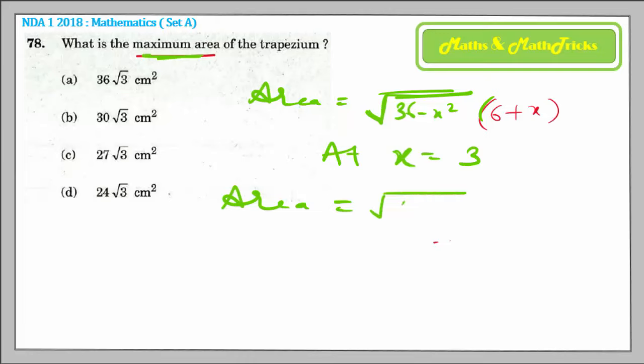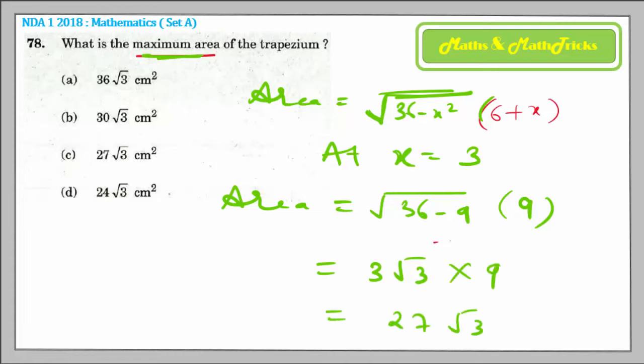So this is basically 36 minus 9 into 9. So 36 minus 9 is going to be, yes, 27. 27 means 3 root 3 into 9. So we are getting here 27 root 3 square centimeters. Alright, so for 78th question, hence the right answer is option C.